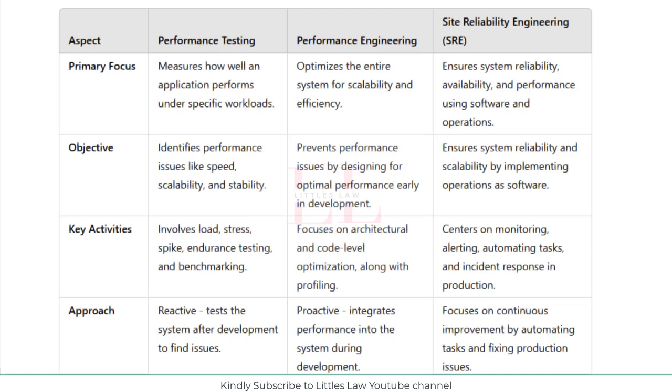Take an example: imagine you're developing a mobile banking app, and once the development is finished, you run a performance test to simulate 1000 users logging in at the same time. During the test, you notice the login process takes 10 seconds for most users, and some users even experience app crashes. These issues, like slow speed and crashes under load, are identified in performance testing, allowing the team to address them before releasing the application to the public.